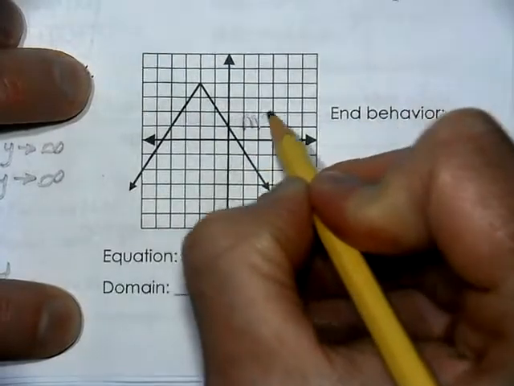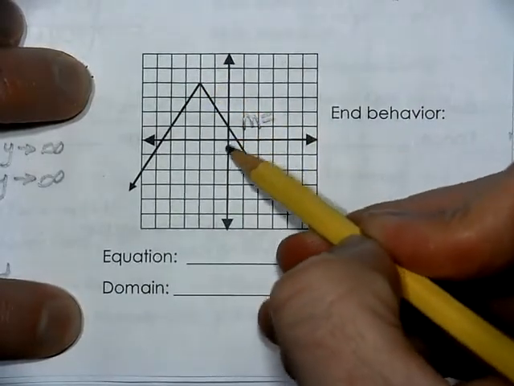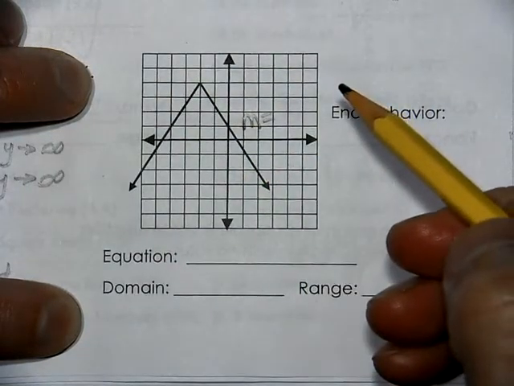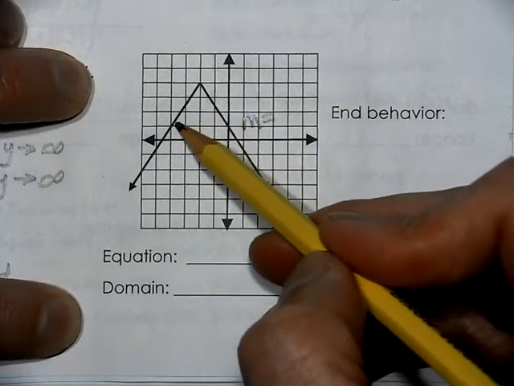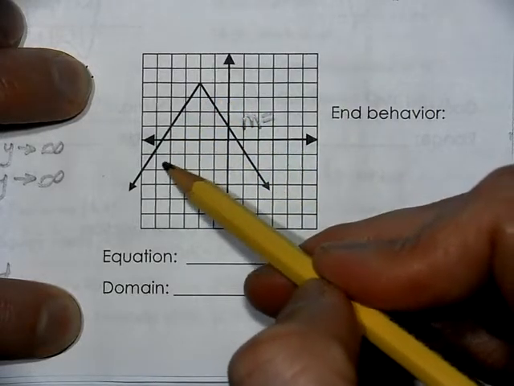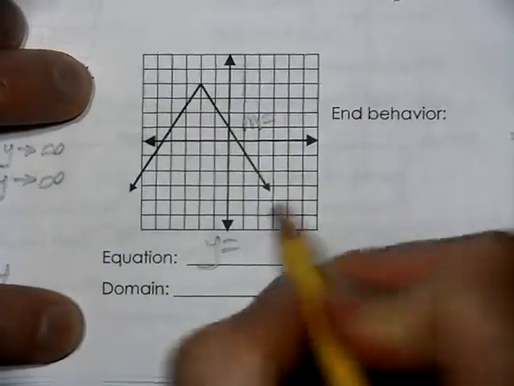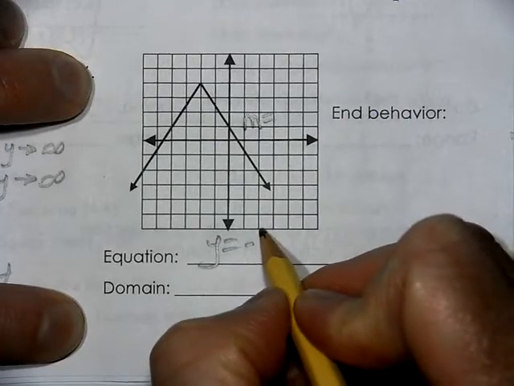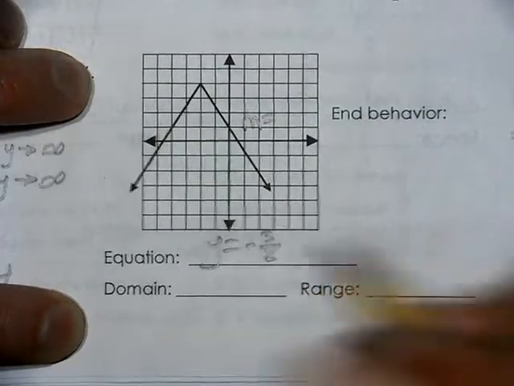So here we have a slope down 3 over 2, test it again, down 3 over 2. Pretty much. So y equals negative 3 over 2.